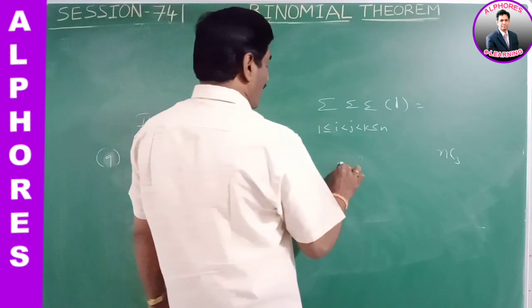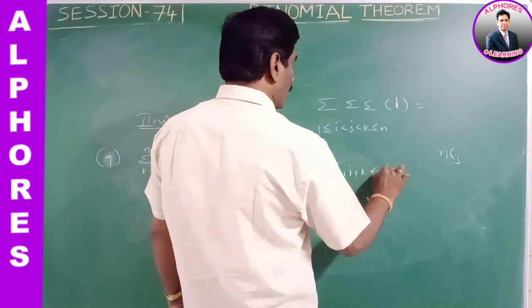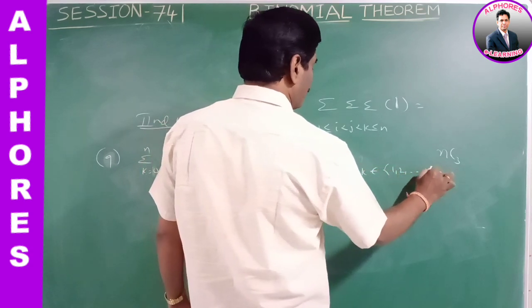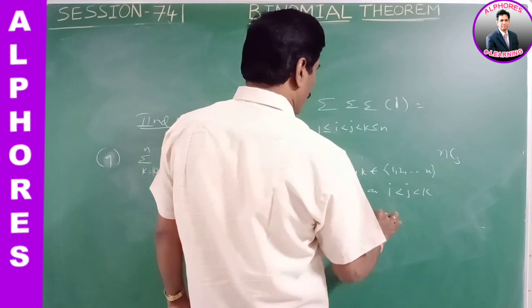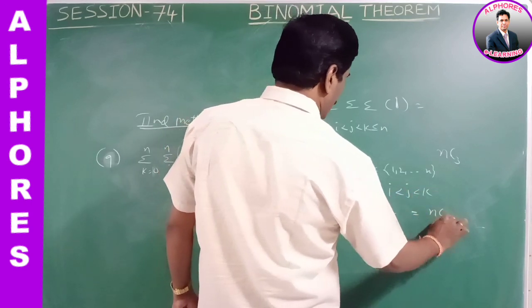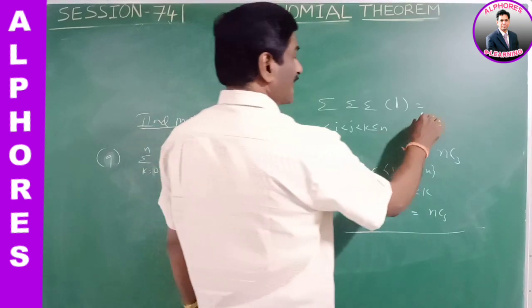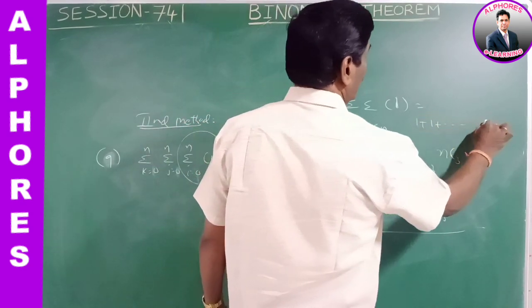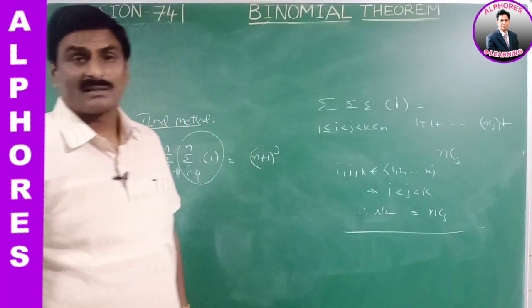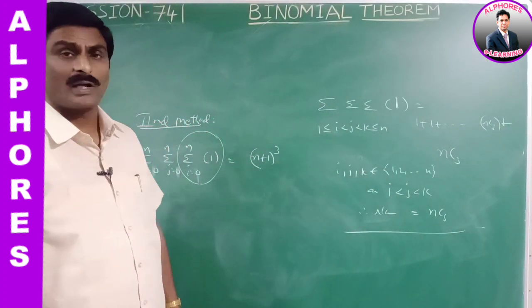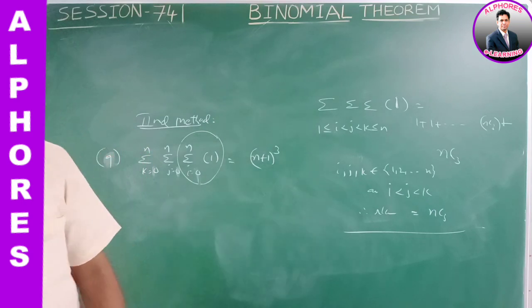Here i, j, k belong to 1, 2, 3 and so on up to n, with i less than j less than k. Therefore, the number of possible ordered triplets is equal to nC3. That means in this case we get 1 plus 1 plus 1 plus, how many terms? nC3 terms. The answer is 1 into nC3, that is equal to nC3. Please note this value.